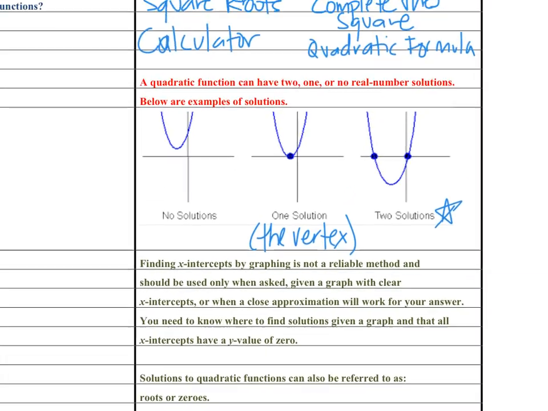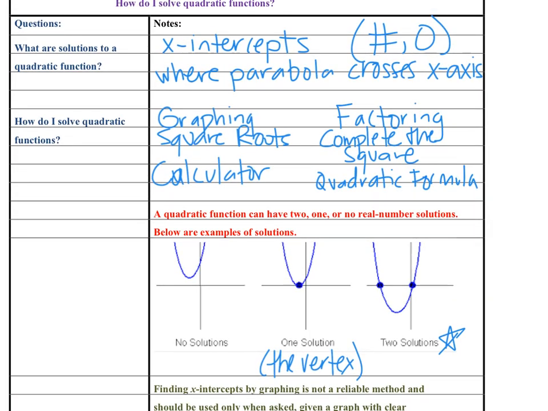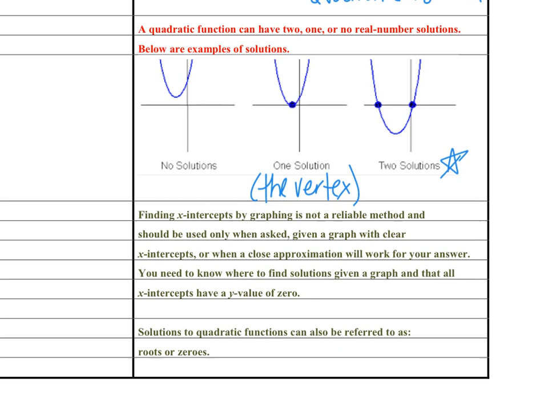So we've written that above, that we're looking for a number, comma, 0. But what they're saying here is that most of the time when we've done this so far, we have used our calculator because they were very messy decimals. So using just a regular graph, not on a calculator, often doesn't work. We will only do this if it's super obvious what the x-intercepts are.